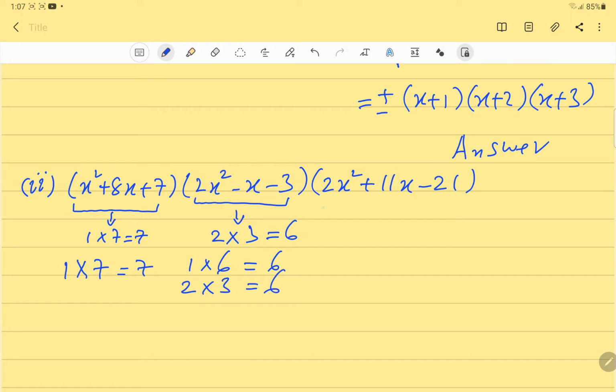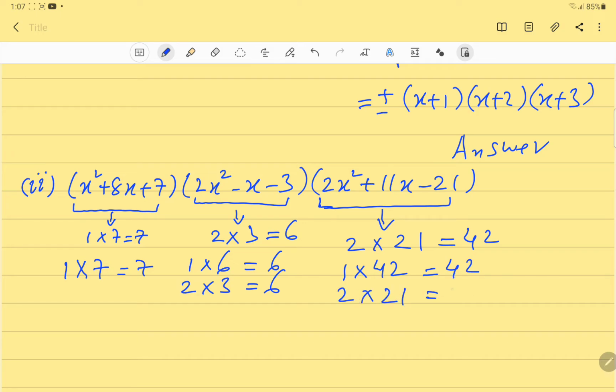Then we go to the third bracket. We will multiply 2 with 21, which is giving 42. So its pairs of factors are 1 into 42, 2 into 21, 3 into 14, and 6 into 7.